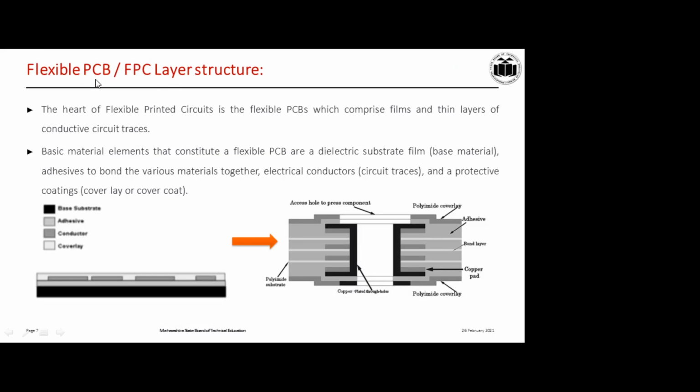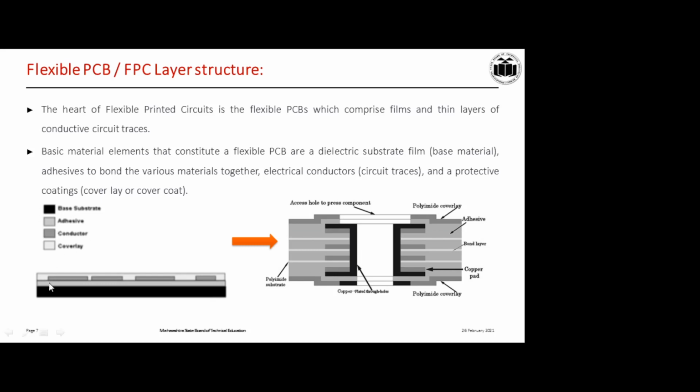Now this is the concept of your flexible PCB, or how the FPC layer architecture we can see. The heart of flexible printed circuit is the flexible PCB. And these flexible PCBs comprise films and thin layers of conductive traces. The first base material is a dielectric substrate film.